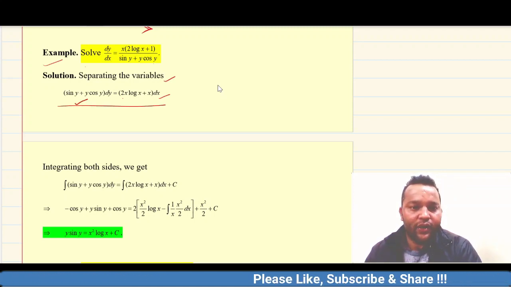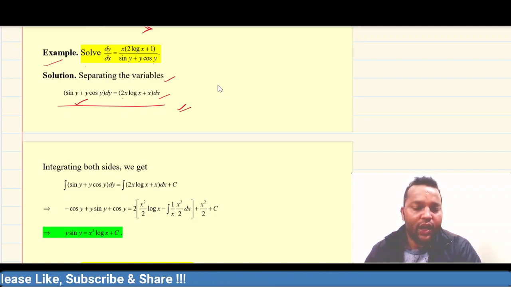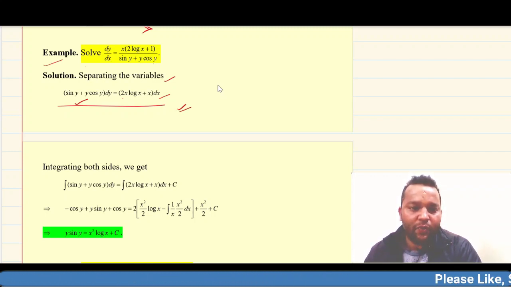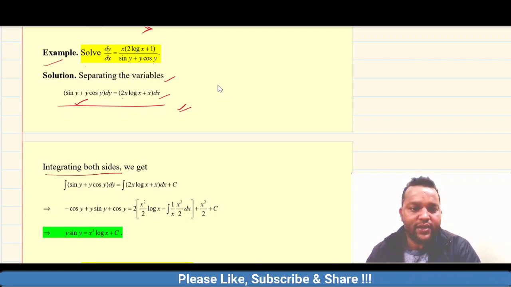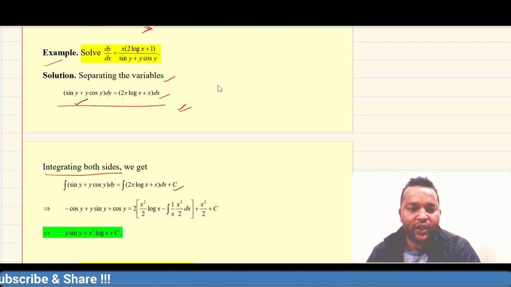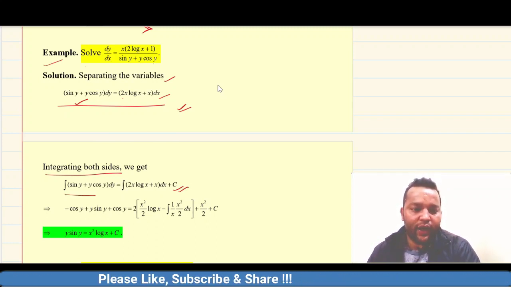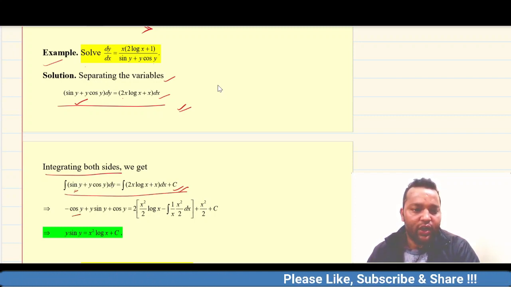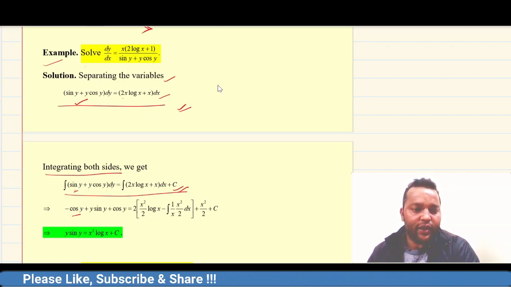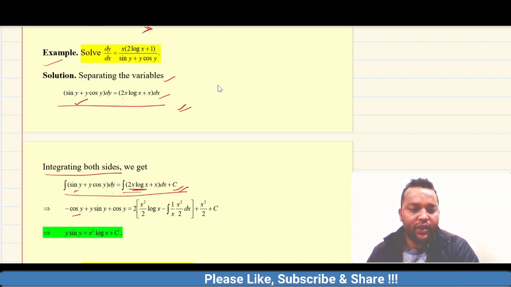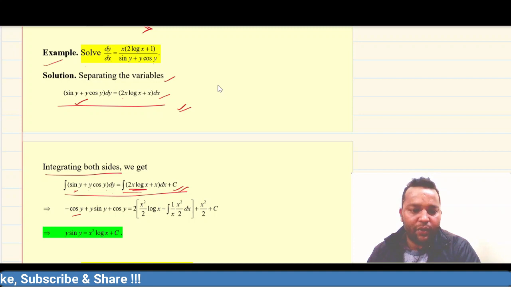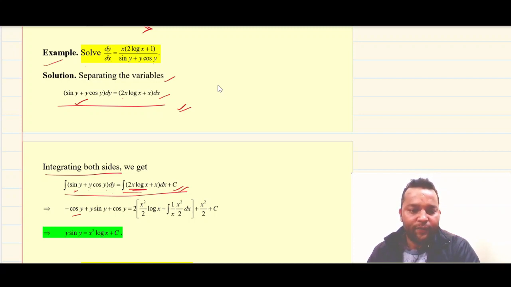So this form is variable separable form, and its solution can be obtained directly by integrating both the sides and adding the constant of integration on any one of the sides. So we integrate both the sides, and after integration, the integration of sine y is minus cos y, and the other term is evaluated simply by integrating by parts, is equal to, again, the integration of this term can be evaluated with the help of by parts, plus integration of x, that is x square by 2, plus c.